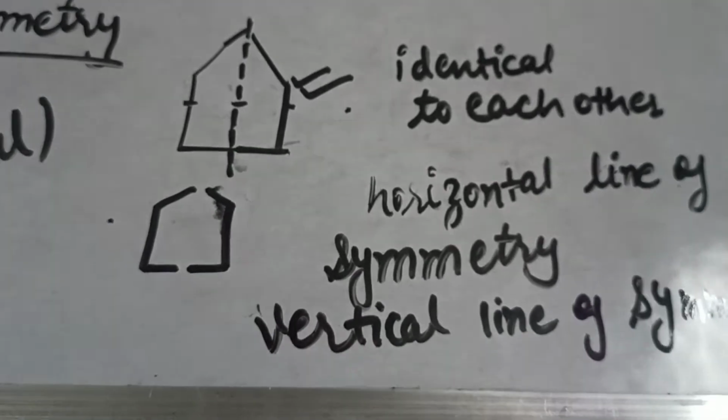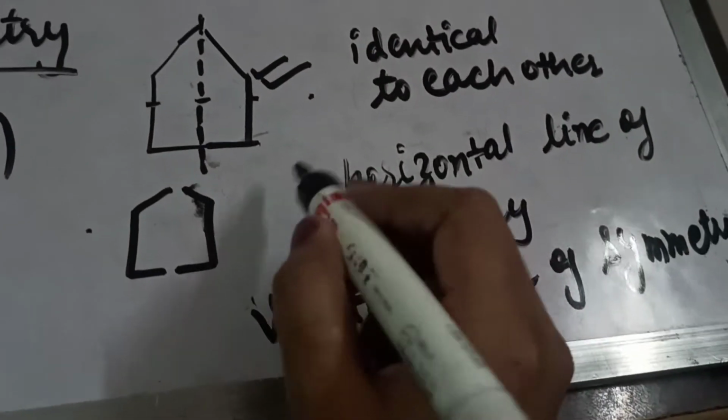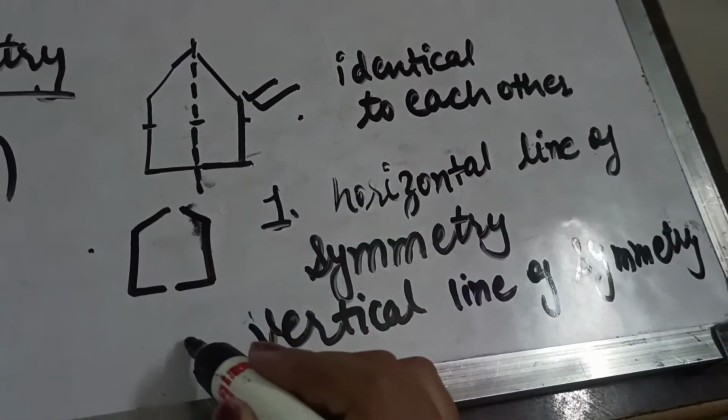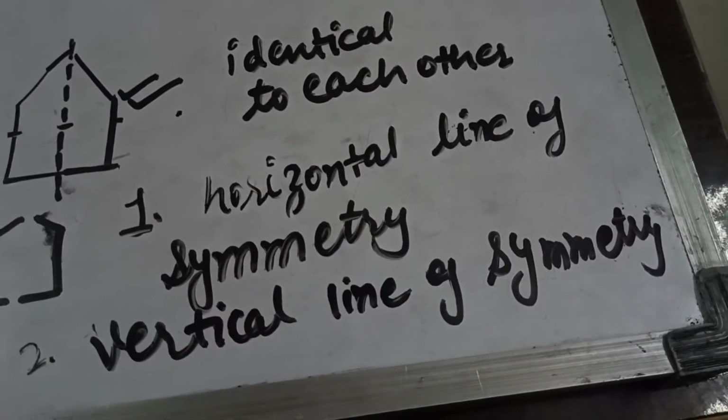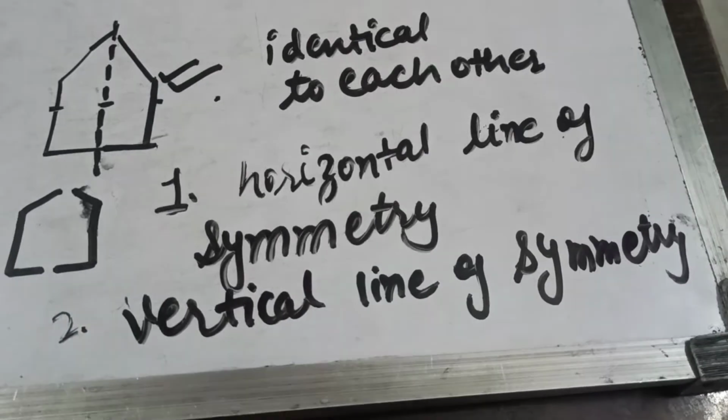Clear? What is the first one? The first type is horizontal line of symmetry and the second is vertical line of symmetry. They are also simple, like their name.